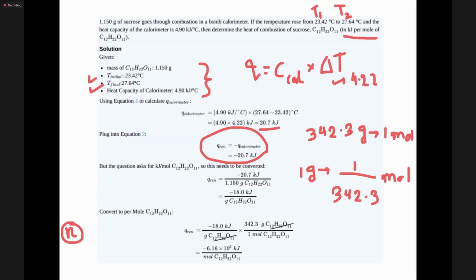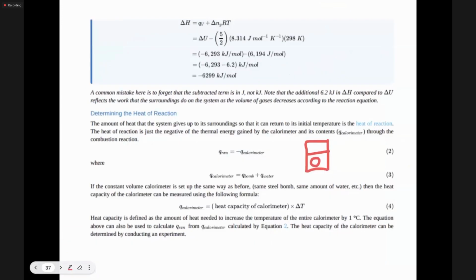Q reaction and Q calorimeter differ just by the negative sign, because in the previous slide I told you that the amount of heat the system gives up to the surroundings so that it can return to its original state is called the heat of the reaction. Now the heat of the reaction is nothing but the negative of the thermal energy gained by the calorimeter, because inside the calorimeter the reaction is taking place.